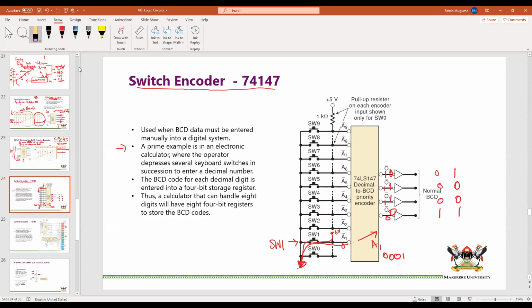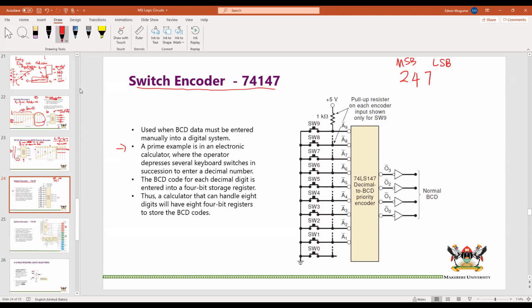So this can be used in a calculator. Let's say for instance that you want to press on your calculator 2, 4, 7. This is your most significant bit and your least significant bit. Now, when you are pressing on your calculator, you usually start with the most significant bit.